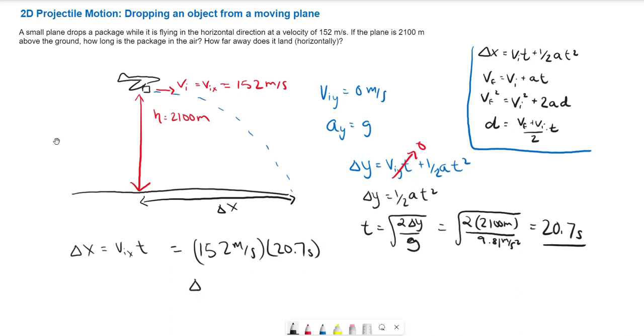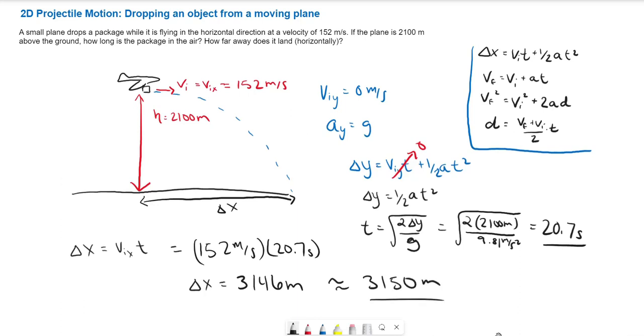And so that means it lands 3,146 meters away. Now, our other values have 3 significant figures, so we should probably round this to 3,150 meters.